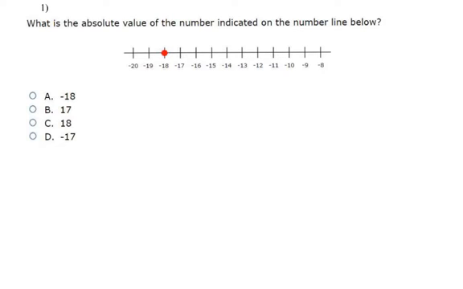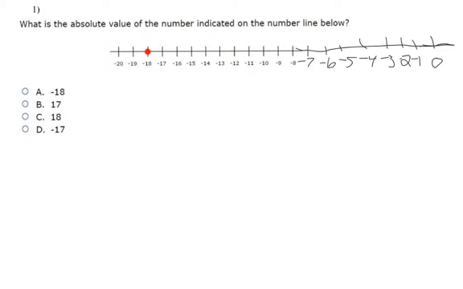So here you have a number on a number line, and it wants to know what is the absolute value of this number indicated, so -18, on the number line below. Now this number line doesn't go all the way to 0, so you could continue it if you wanted to. And if you did that, that's what it would look like. And then you can just count the distance -18 is from 0.